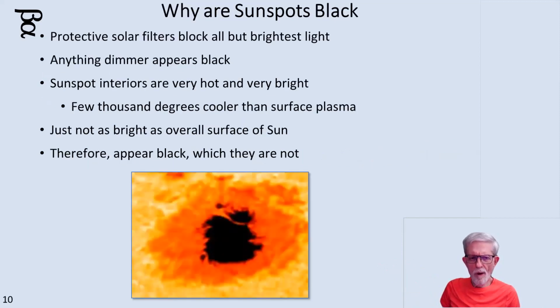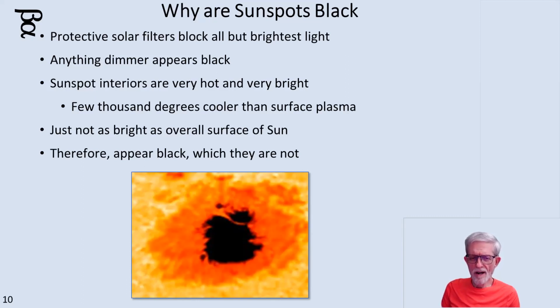People will often ask, why are sunspots black? Well, first off, they're not black. The protective solar filters that we put on telescopes block out all but the brightest light, which is also why when the sun goes behind clouds, you can no longer see the sun through a white light filtered solar observing telescope, because the sun is no longer bright enough to make it above the filter threshold. Anything dimmer than that filter threshold is just black.